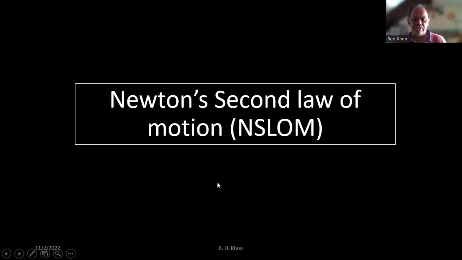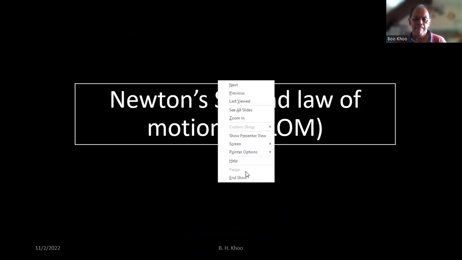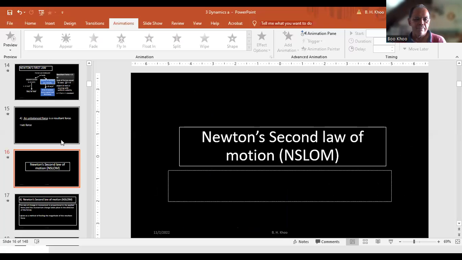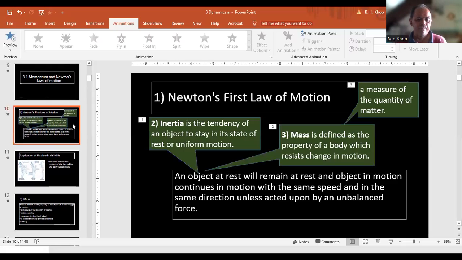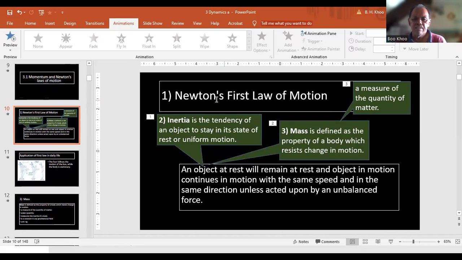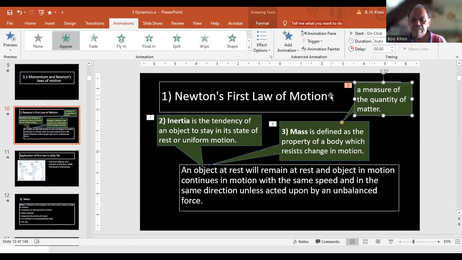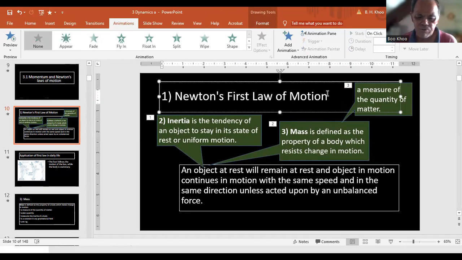Newton's second law of motion. Let me just review a bit of my short form. First law of motion, I call it Newton's first law of motion.